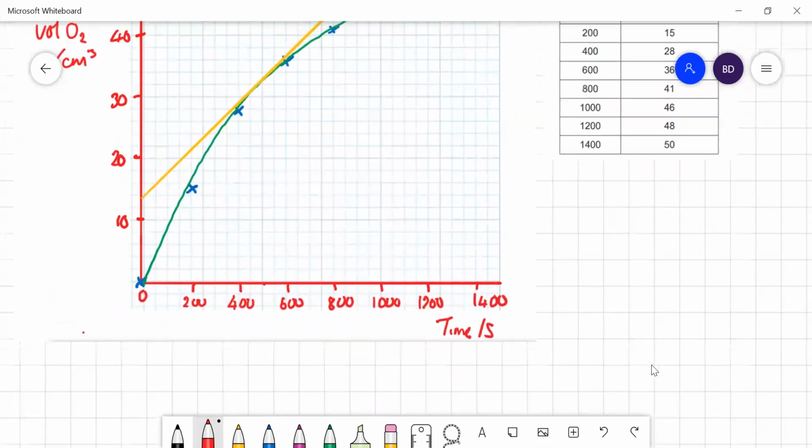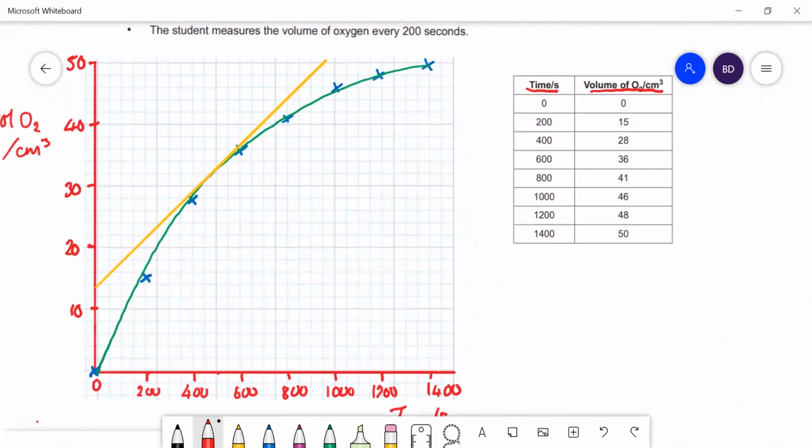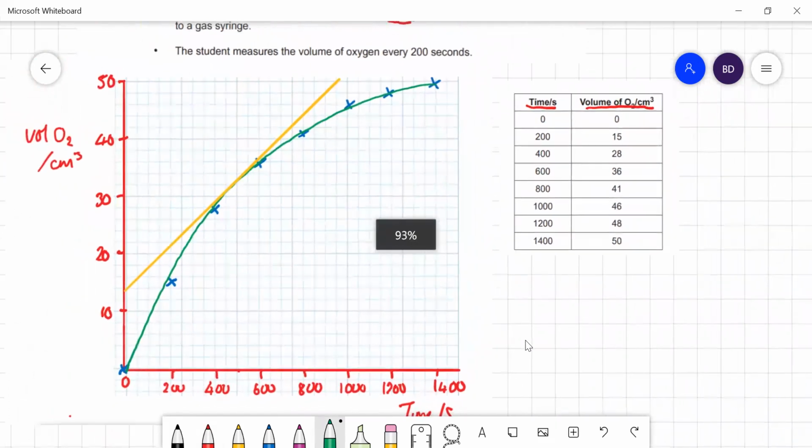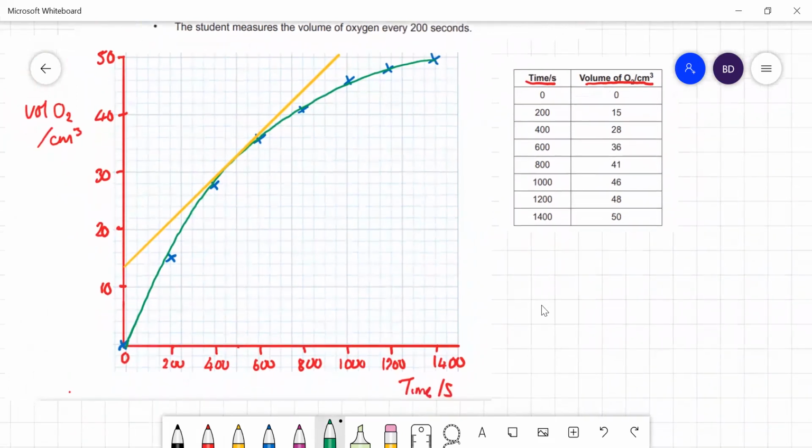So I plotted my results, the blue crosses and this green line, and you can see the gradient of the green line. Okay, so we put the volume of oxygen on the y-axis and time on the x-axis. So it's a curve.